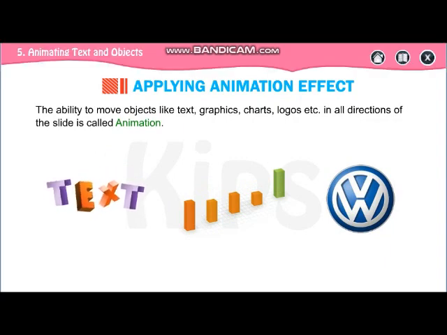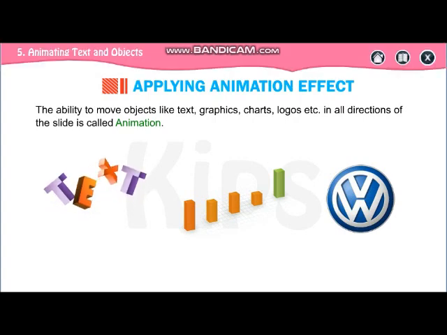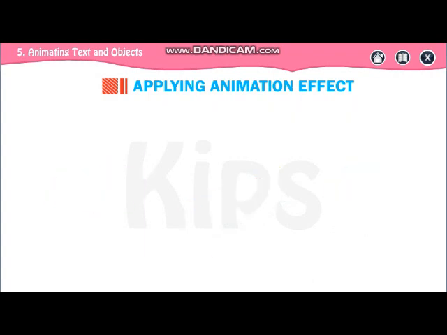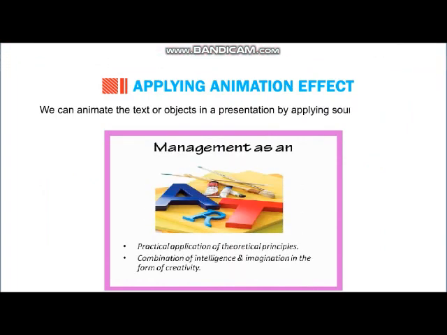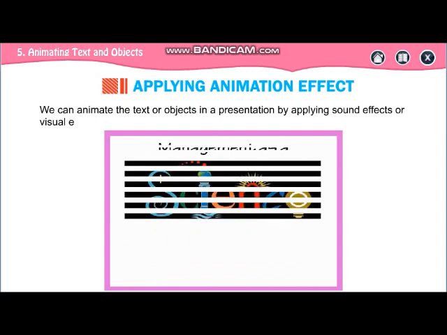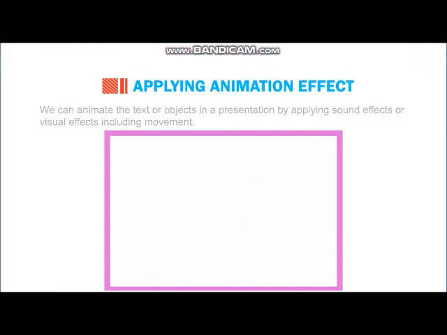It means if your charts are moving, if your text is moving, if you give any type of movement to your chart or your text or any other image, then it is animation. We can animate text or objects in a presentation by applying sound effects or visual effects, including movements.